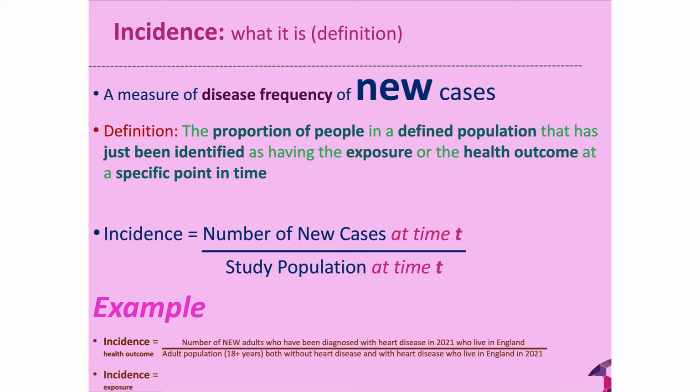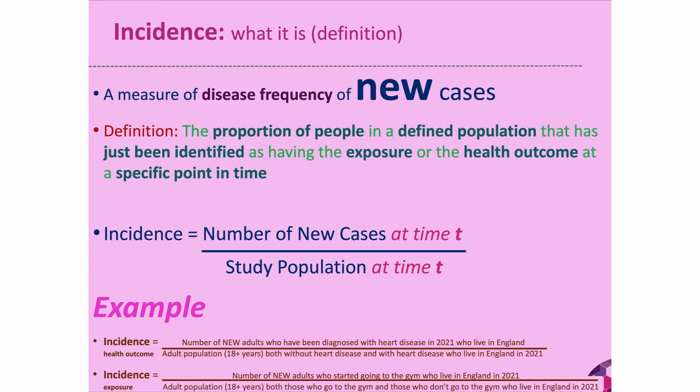And we could do the same with incidence of exposure. Number of new adults who started going to the gym who live in England in 2021 divided by the adult population, both those who go to the gym and those who don't go to the gym who live in England in 2021.